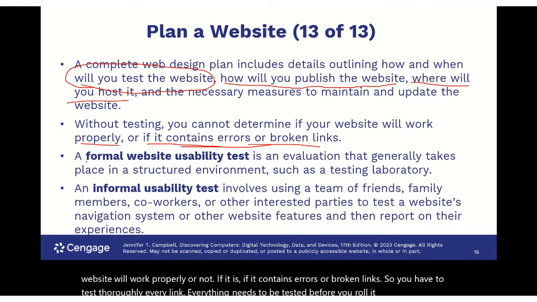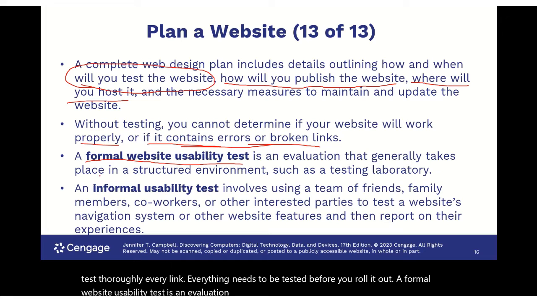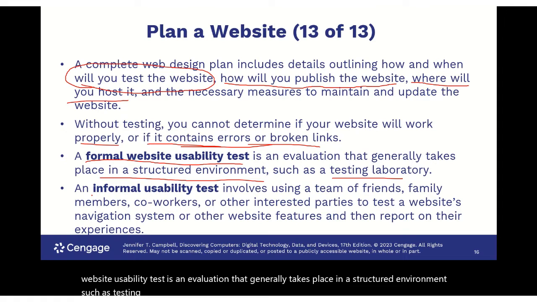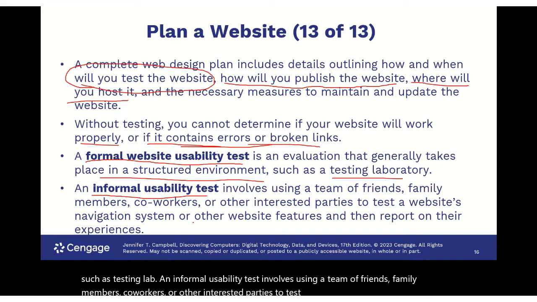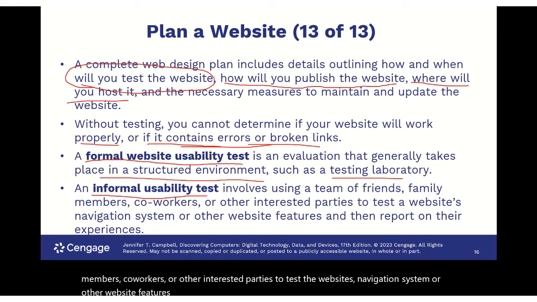A formal website usability test is an evaluation that generally takes place in a structured environment such as a testing lab. An informal usability test involves using a team of friends, family members, co-workers, or other interested parties to test the website's navigation system or other website features, then report on their experiences.